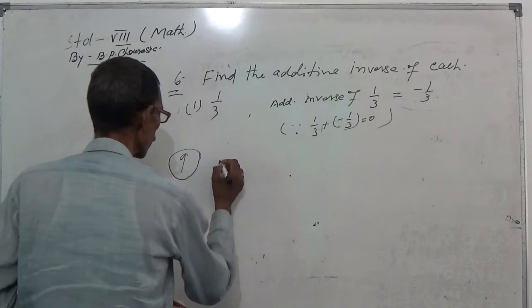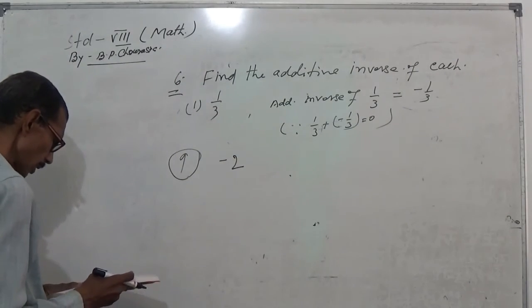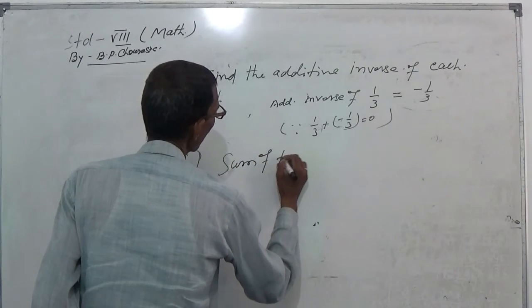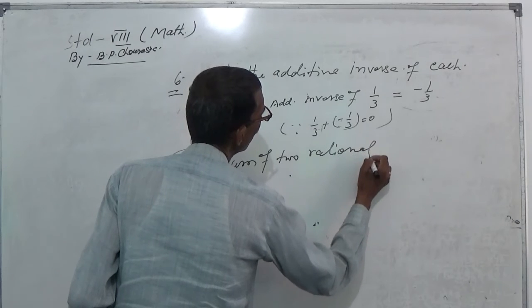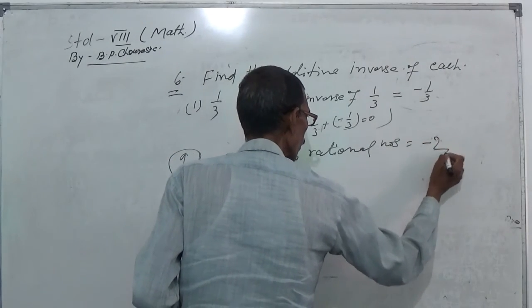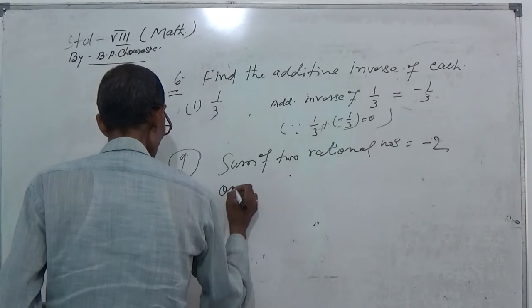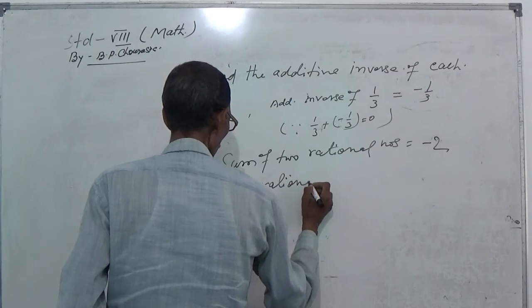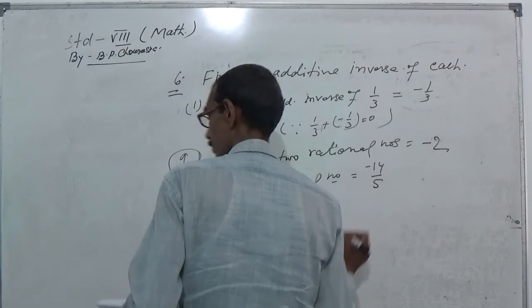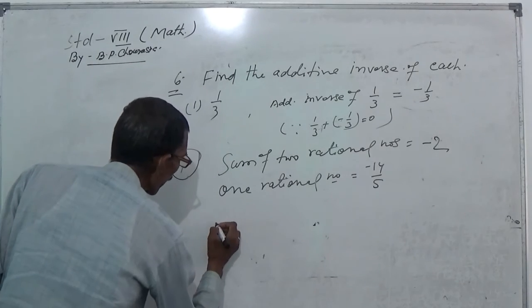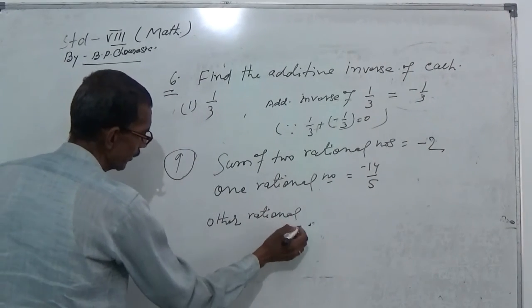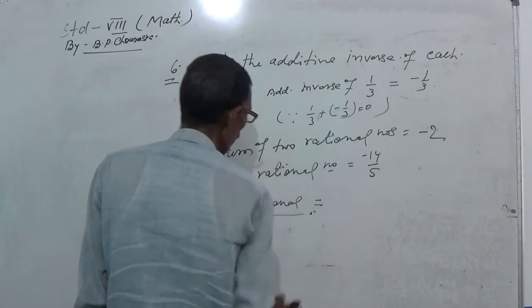The sum of two rational numbers is -2. If one of them is -14/5, I have to find the other rational number.